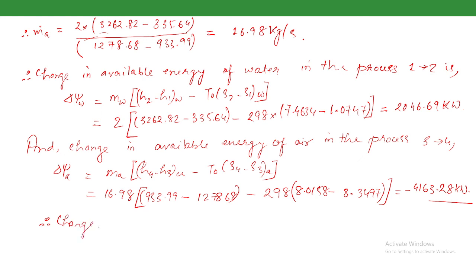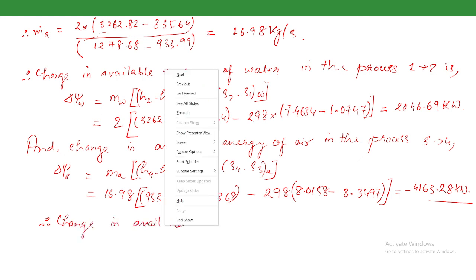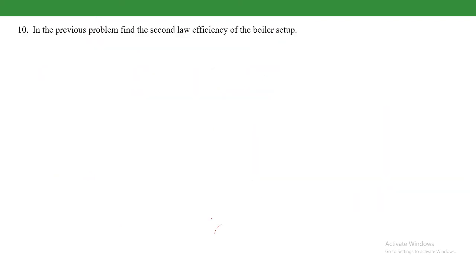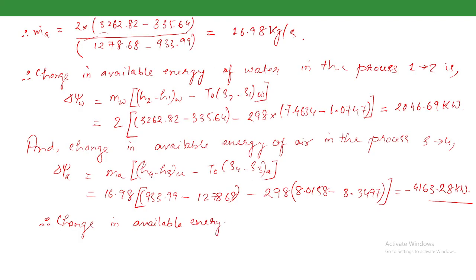change in available energy of the system, that is the system with both water and air, is equal to minus 4163.28 plus 2046.69.